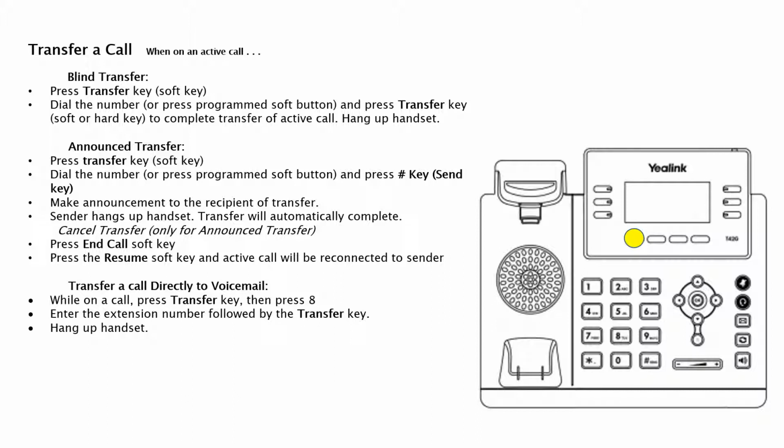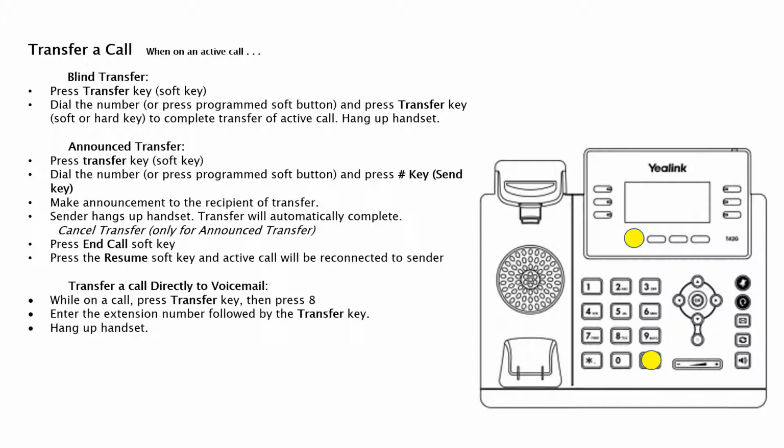Now, if you need to do an announced transfer, you would hit the transfer key, the extension number, and then you'll want to hit the send key, which we talked about. It's the hashtag or pound symbol key, and I've also highlighted that. That will ring the extension. The person can then answer. You can talk to them, tell them who is being transferred to them.